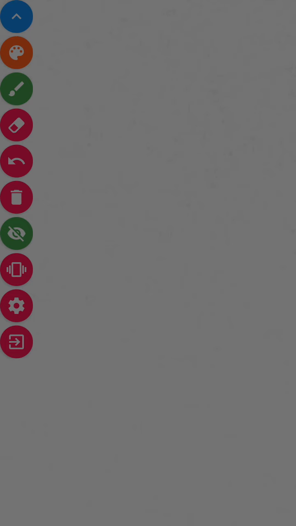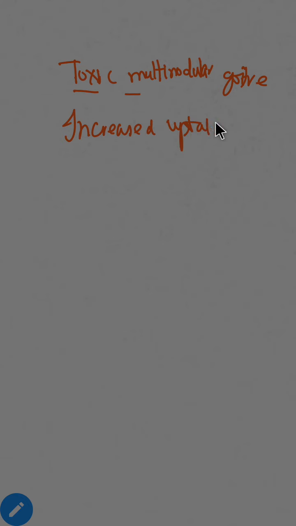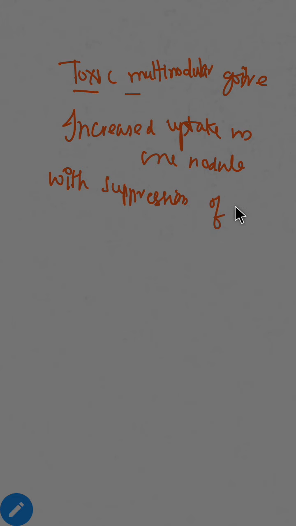Let us see how toxic multinodular goiter takes iodine. There is increased uptake of radioactive iodine in one nodule with suppression of the remainder of the gland.